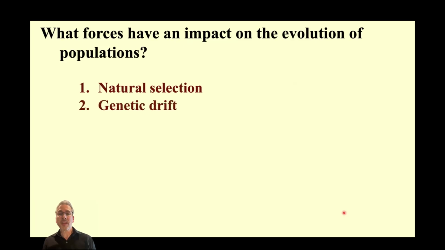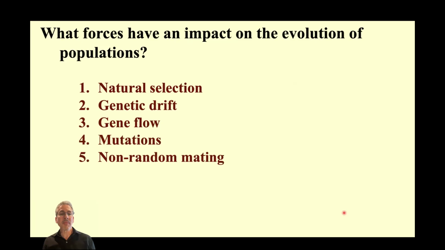Natural selection, of course, can cause changes in allele frequencies. Genetic drift can, gene flow can, mutations can, and mating that is not random can certainly have an influence on the frequency of alleles in a population.